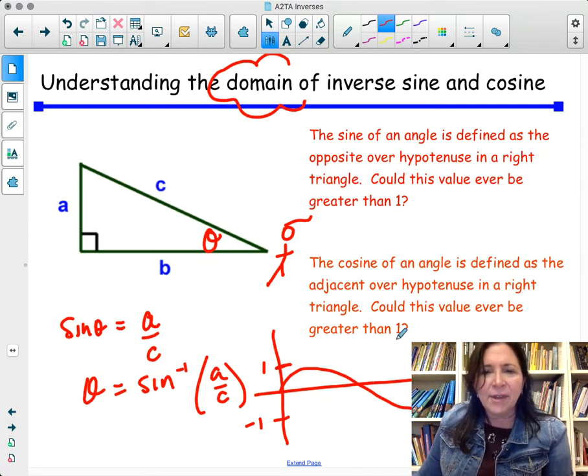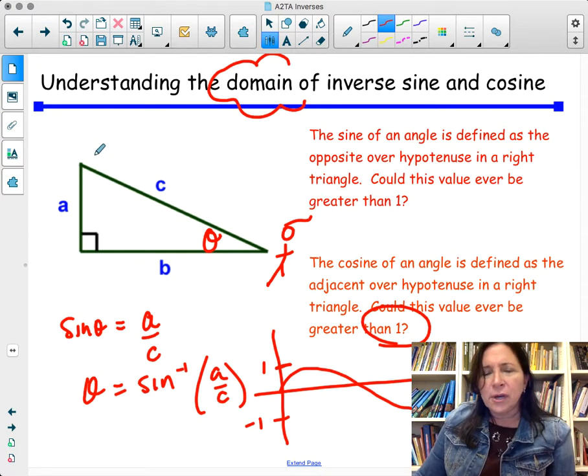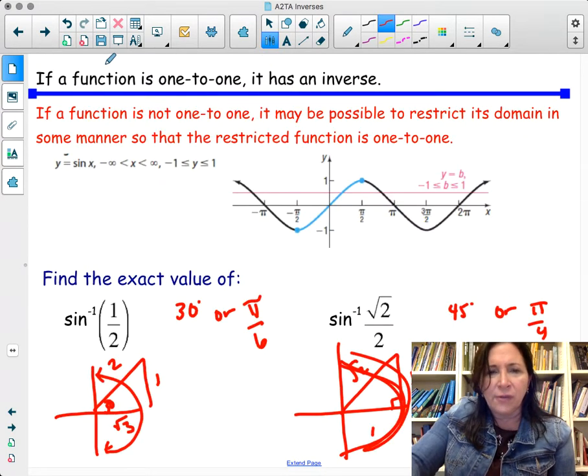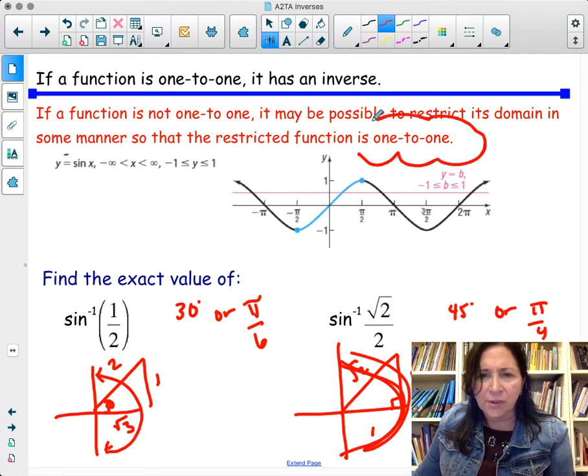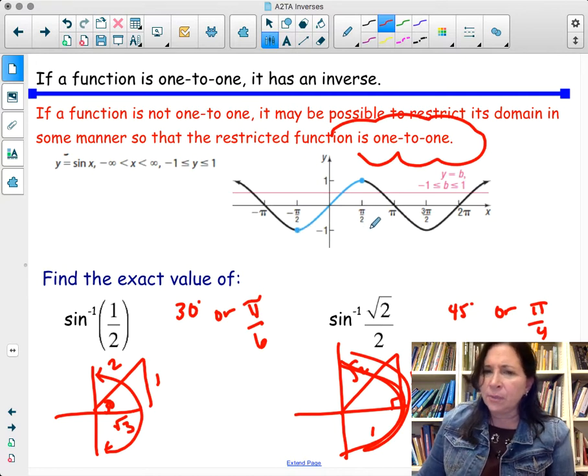You can't have it outside of 1. It's always going to be less. So it's similar to what we're doing as far as the restricted functions: in order for this to be 1 to 1, we have to restrict it. And so you have your 1 to 1 here, 1 to negative 1 here. You have negative pi over 2 to pi over 2.